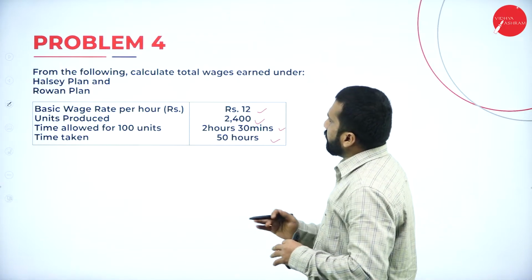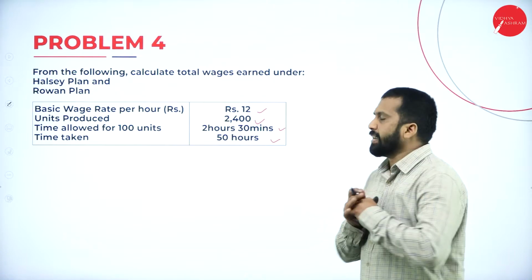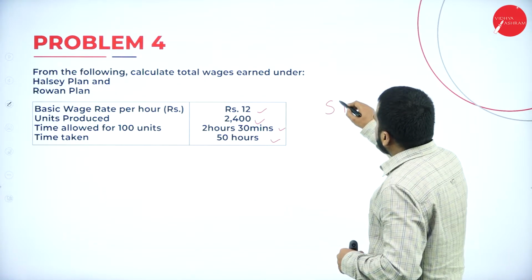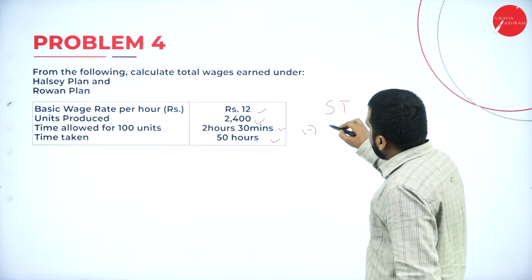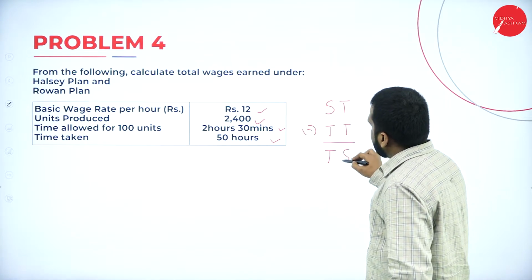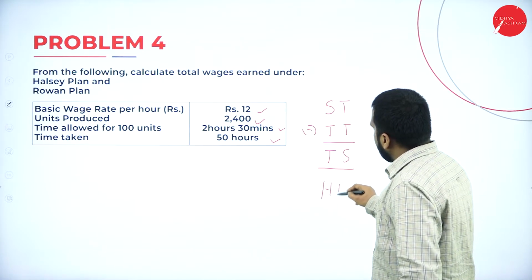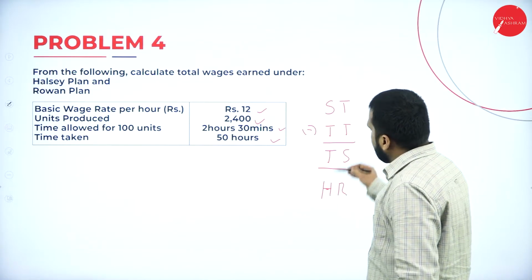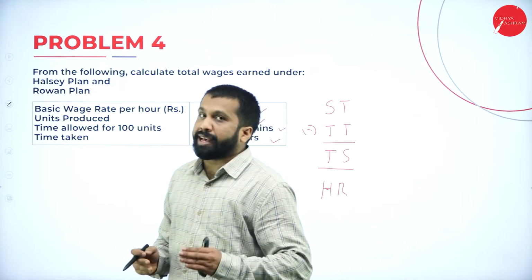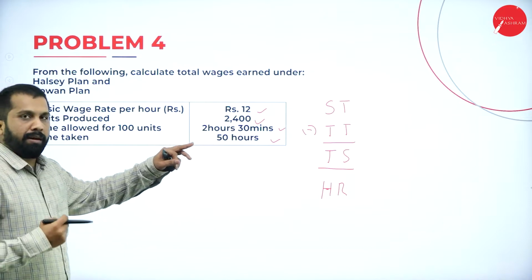Now, in this, as per the formula, what are the things we needed? Standard time minus time taken, you will get time saved. At the end, hourly rate. These are the information we require to calculate any problem. Now, standard time will come later.